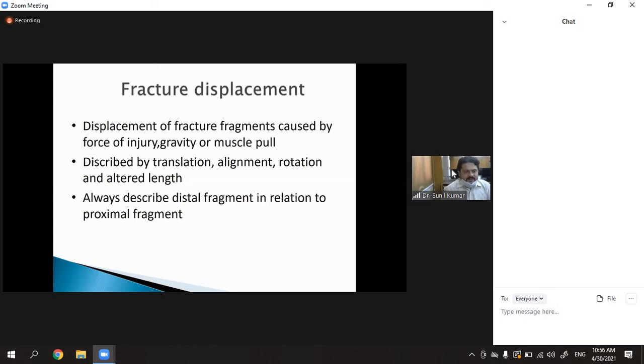Either it is translated medially, laterally, anteriorly, posteriorly, or its angulation, anterior angulation, posterior angulation. So in the fracture displacement, we can describe in which direction the fracture has gone, which is secondary to the muscle pull, gravity, or force of injury.